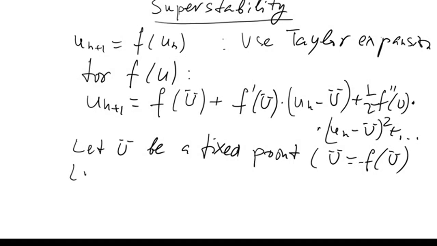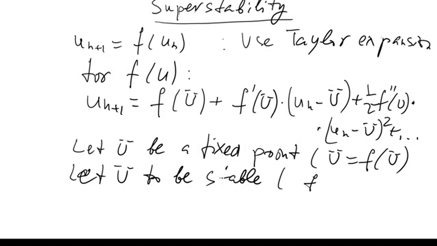And let u be stable, which means that the derivative of f at u, by absolute value, is less than 1. Now, under these two conditions, un tends to u capital.